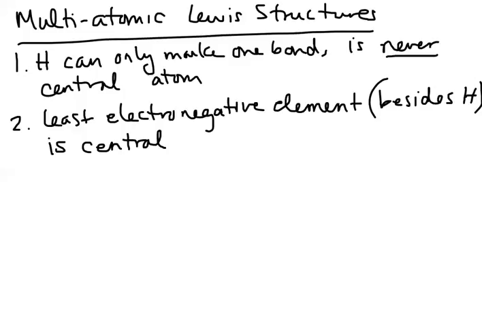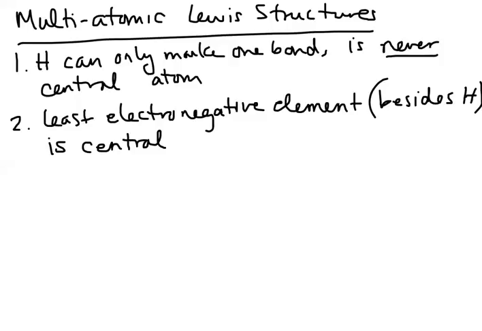So even if a hydrogen is less electronegative than another atom, it still can't be in the center. So the least electronegative atom besides hydrogen has to be in the center. That's why I gave you those electronegativity charts. The way you read the electronegativity chart is higher number is higher electronegativity, lower number is lower electronegativity.